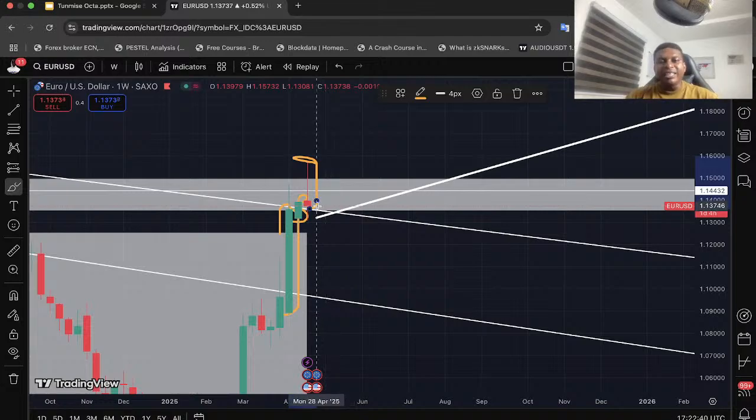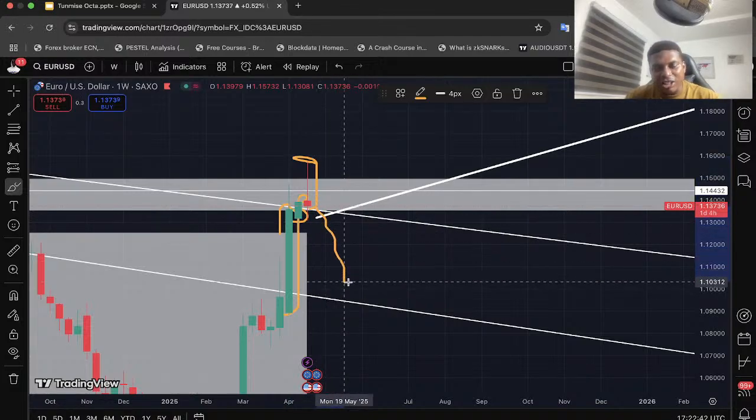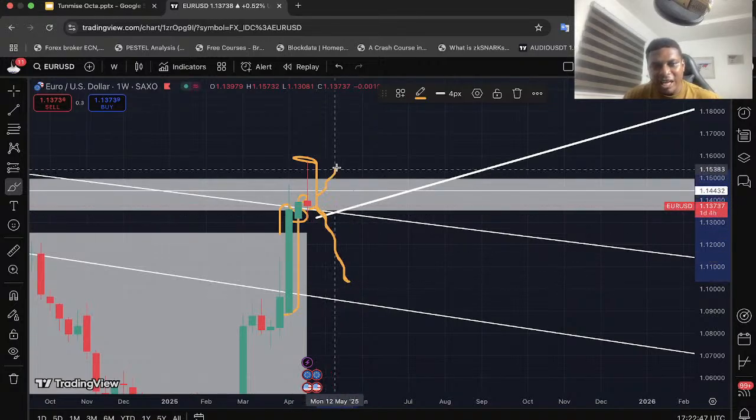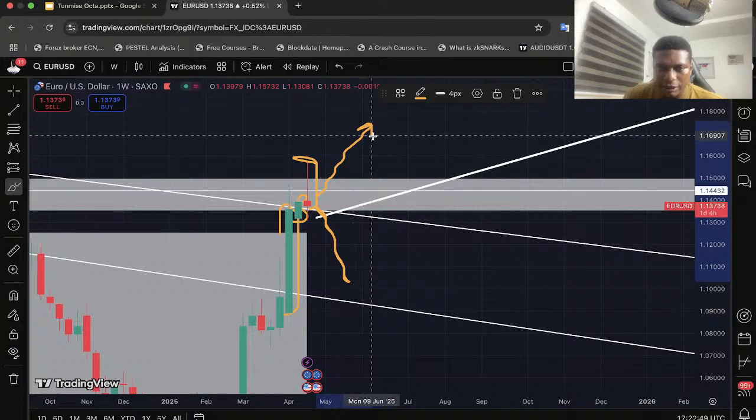However, would this result in a continuous drop in price or a continuous uptrend?